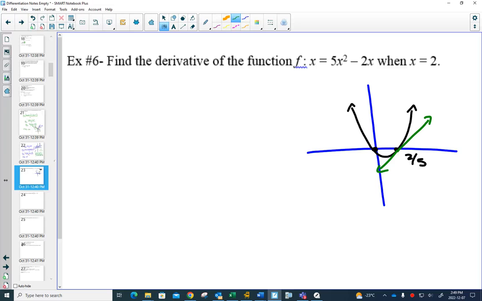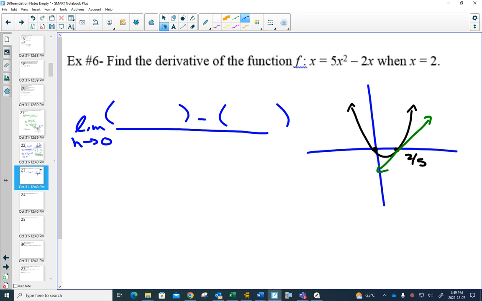Well, I would need to have my derivative equation to figure that out. How do I find my derivative equation? I'm going to have to do the limit as h goes to 0. Here would be f of x. This is easy. Here would be h, right? This is f of x. This is f of x plus h.